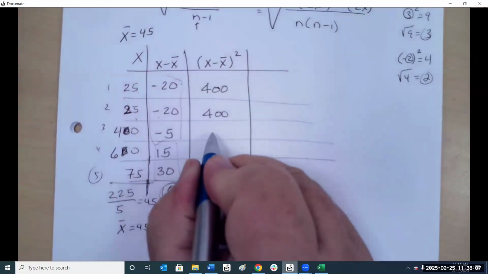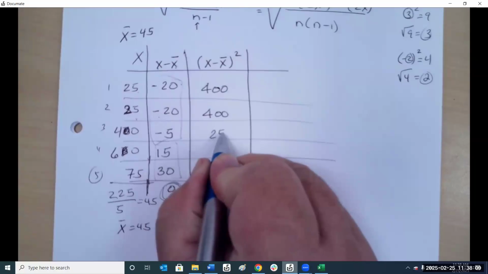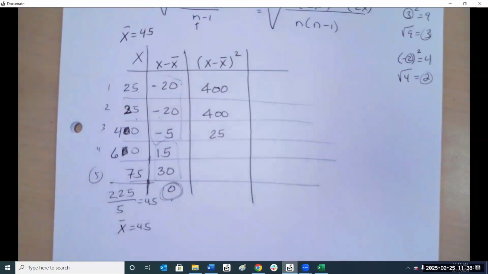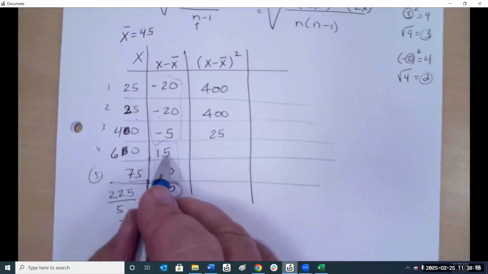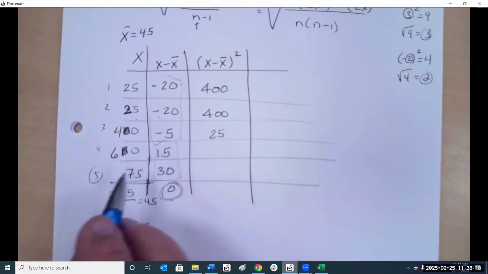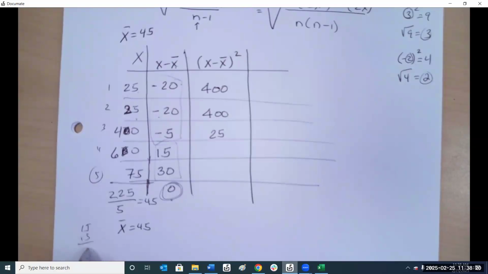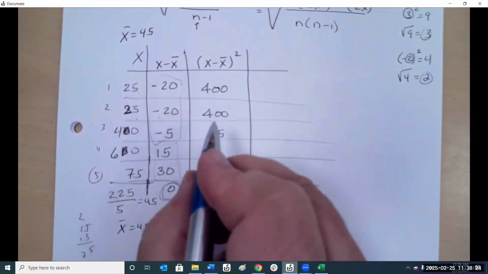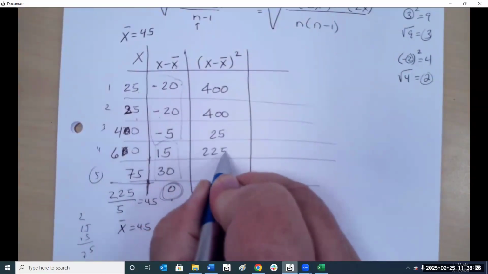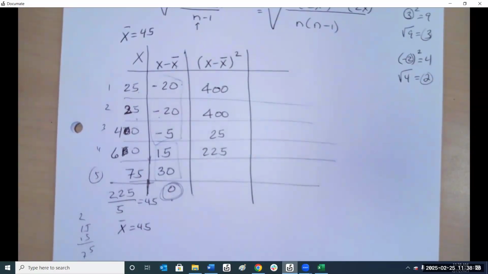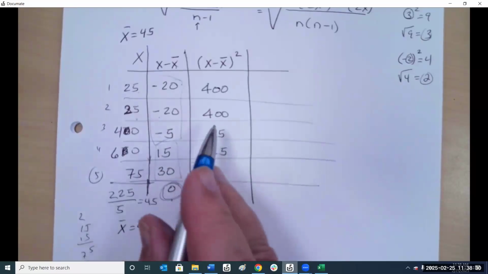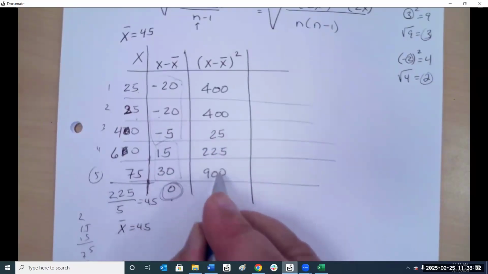Negative 5 times negative 5 is 25. Fifteen times 15 is 225. 30 times 30 is 900.